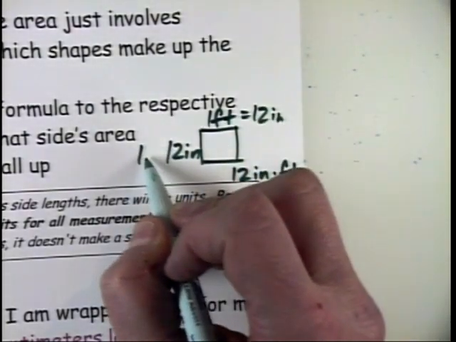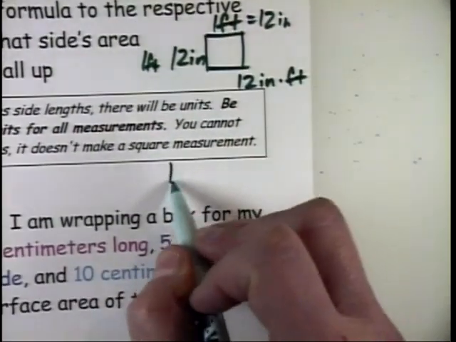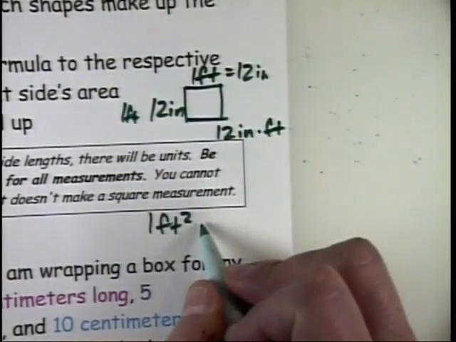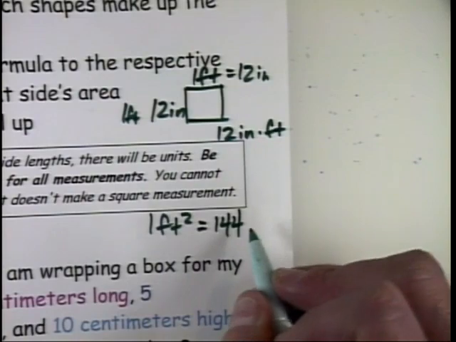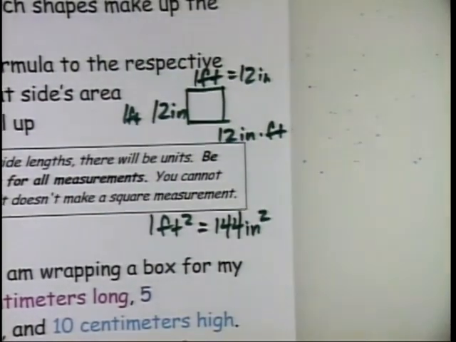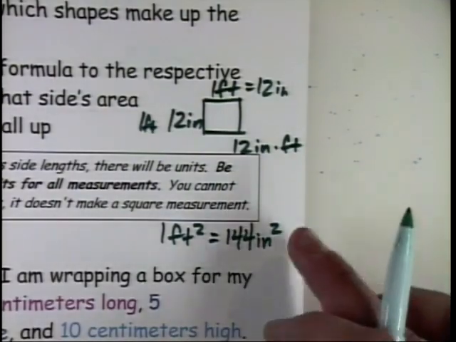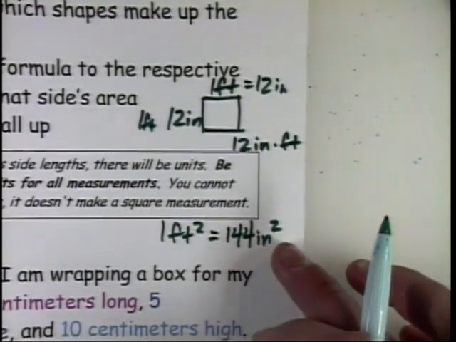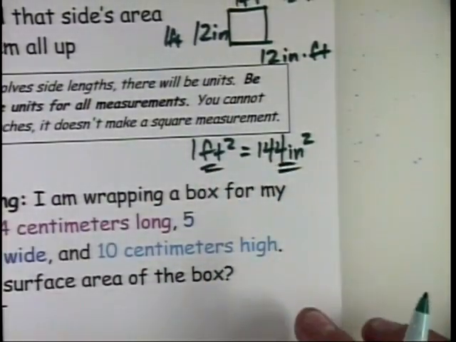So what we can say is that 1 foot times 1 foot is 1 foot squared, or 1 square foot. Or if we use the inches, that's equivalent to 12 times 12, which is 144 inches squared, or square inches. Okay, so the units have to be the same. And when I do the calculations on today's examples, I will be including units in my calculations because it's another nice way at the end to make sure that we've got the right answer.